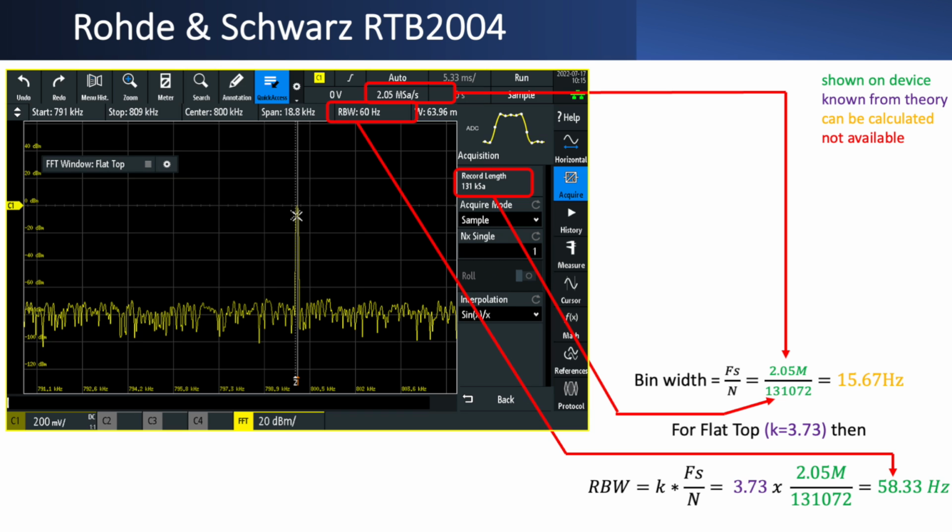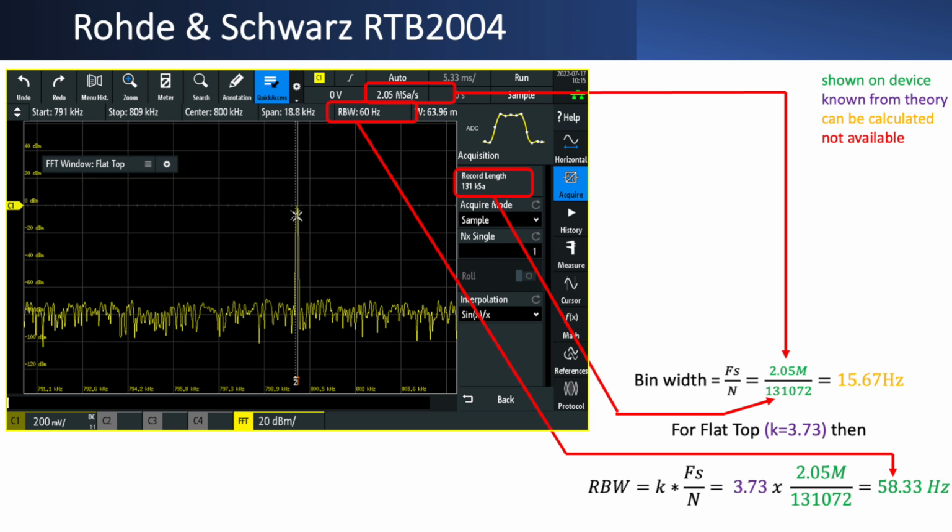And we can actually also see the number of FFT points. For that we have to go out of the FFT menu and go to the acquisition menu, so it's hidden a little bit somewhere else, but if we go there we actually see the points, 131 kilo samples. So again, that's being expressed as an SI value, not as a computer value. So this is actually 128k times 1024.